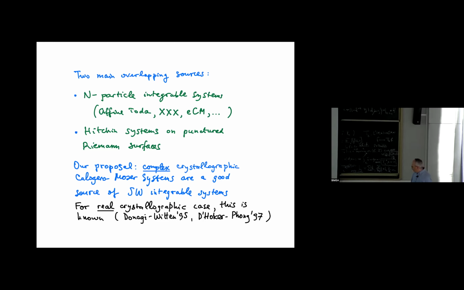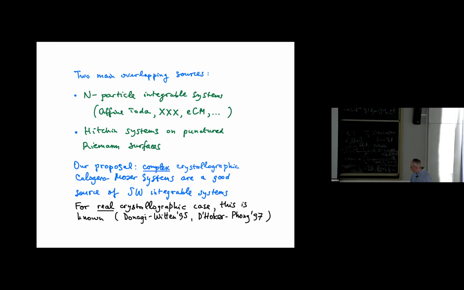So going back to Donagi and Witten, they identified the elliptic Calogero-Moser system in type A as a particular Seiberg-Witten integrable system of supersymmetric Yang-Mills theories with SU(N) gauge group. And then Hoker and Phong extended this to other Calogero-Moser systems related to other root systems.